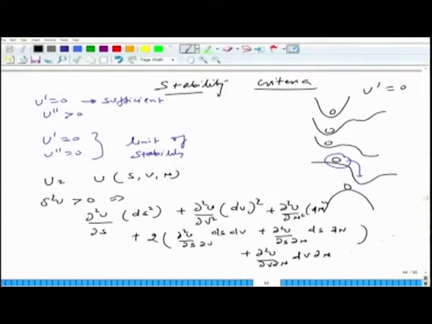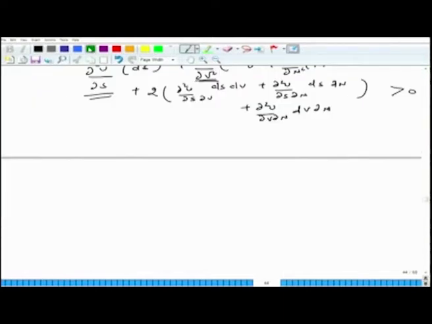Now, what we are interested in is that this expression of course is greater than 0, and if we are changing one of the variables keeping the other two fixed, for example, if we are changing S keeping V and N fixed, then this means that this second derivative will be greater than 0, okay. Similarly, if we are keeping S and N fixed, this means this has to be greater than 0, okay. So, using these concepts you can come up with this expression.